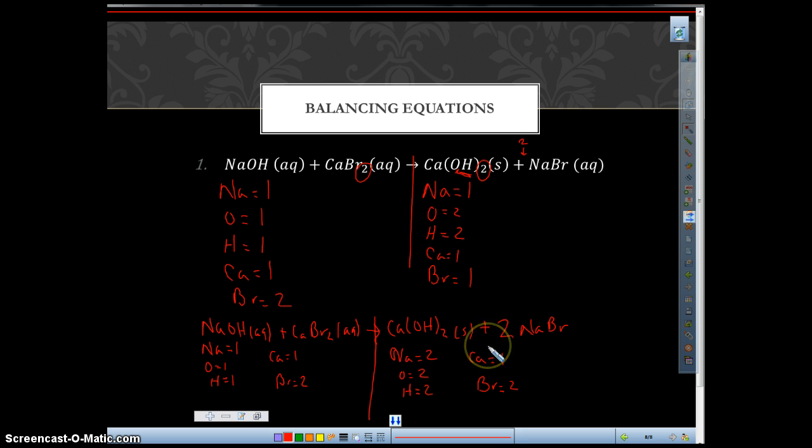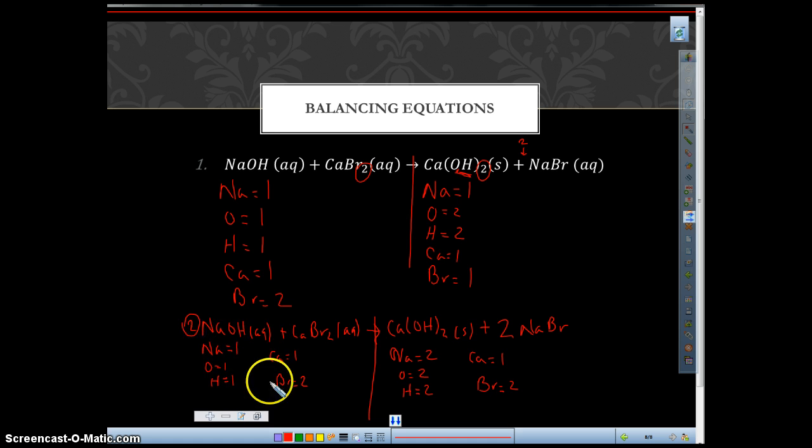So that's good. So then I look for the next thing, for example, I would look at calcium. And if that wasn't balanced, that's where we would go next, because that's an element that occurs just once in a compound. So then I'm going to go ahead and balance out the oxygens. So that means I'm going to have to put a 2 in front of this, a coefficient of 2.